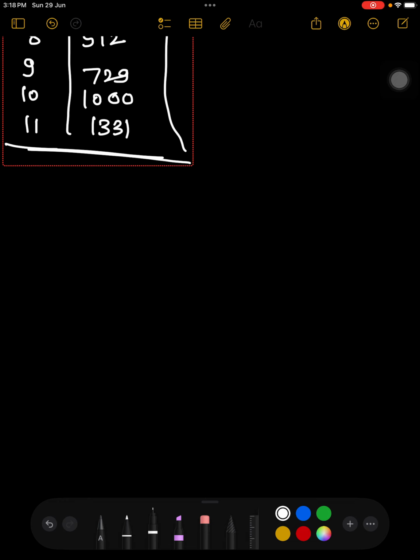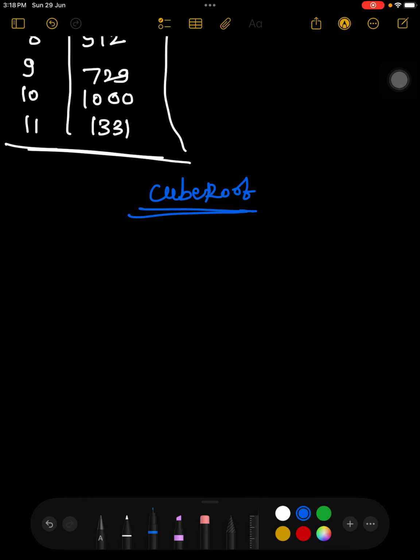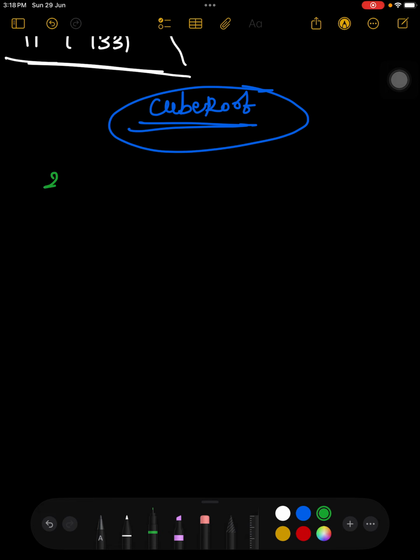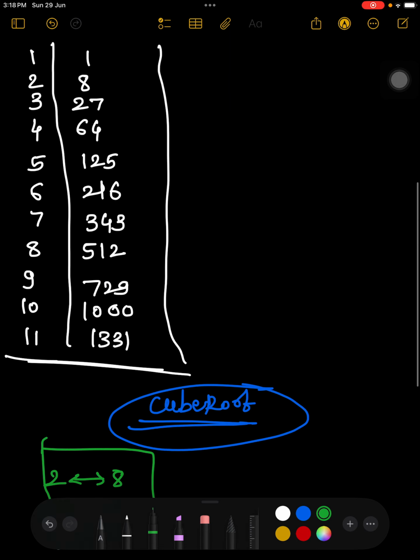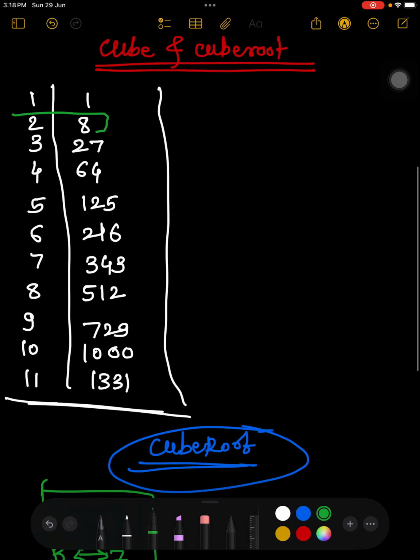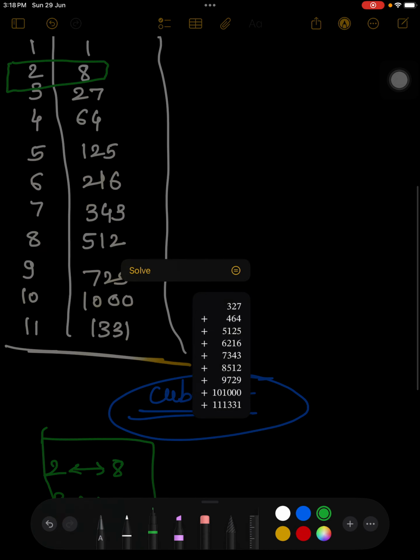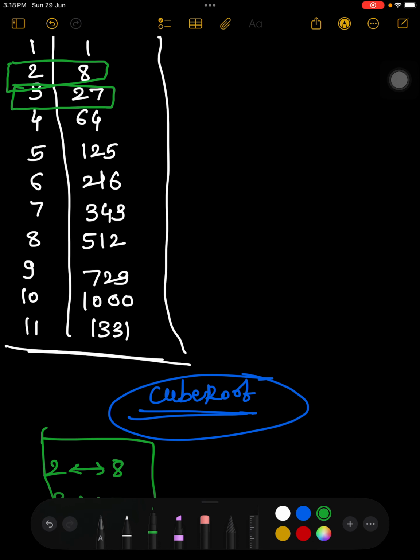Now let's start with how to calculate the cube root. The first and important thing which you have to remember is the pair of 2 is 8 and the pair of 3 is 7. The end of 2 cube is 8, the end of 3 cube is 7, the end of 8 cube is 2, and the end of 7 cube is 3.